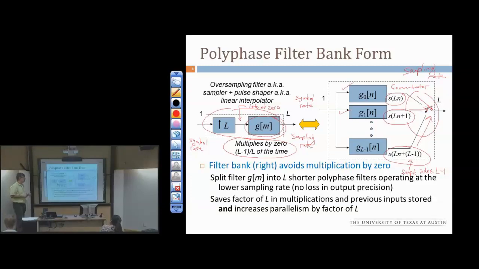The number of coefficients in each polyphase filter is determined by the number of coefficients in the original FIR filter in the cascade of upsampling and filtering. All the coefficients in the FIR filter have to find a home in one of the polyphase filters. I have the same amount of math to do in terms of multiply adds, but the good news is in the polyphase version, I do all that math at the reduced rate, and hence the factor of L savings.